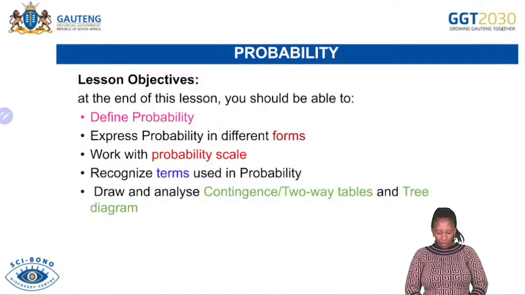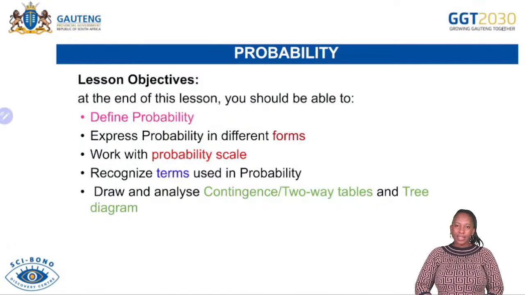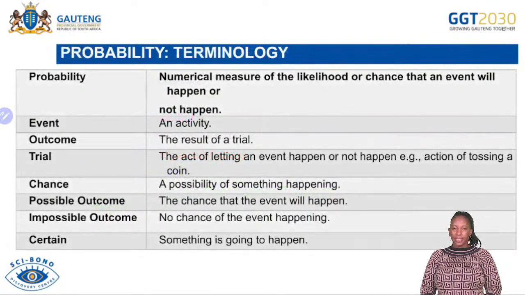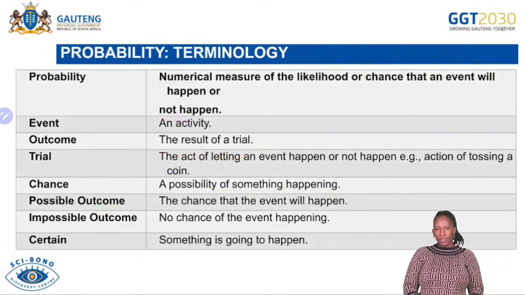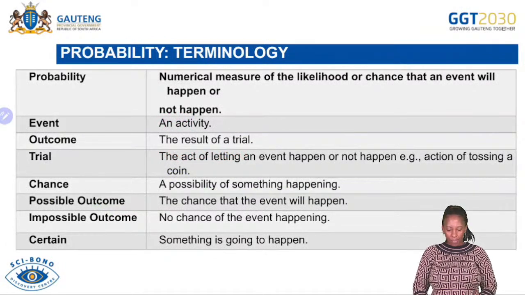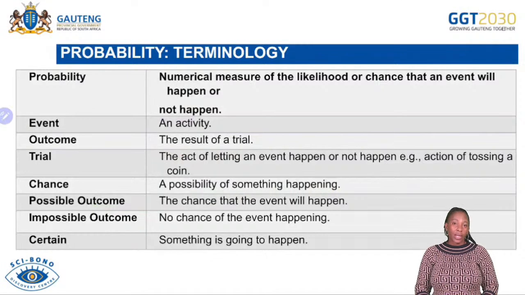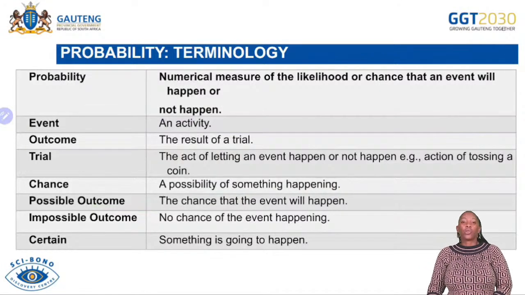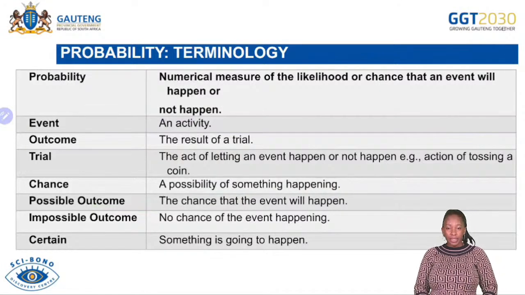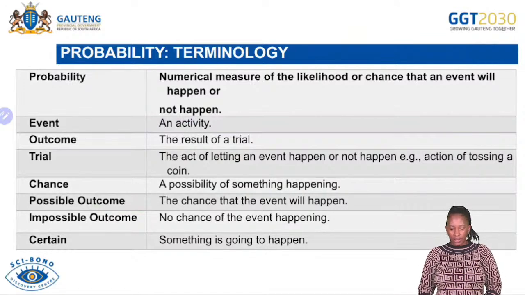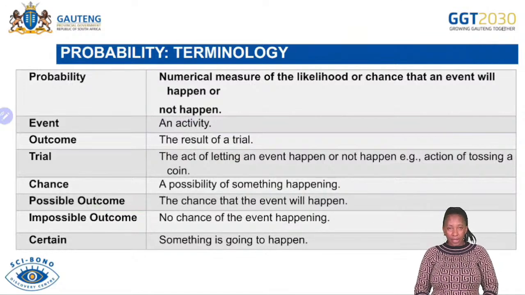So our first point of departure, where do we start? We said we should be able to define probability. Let's look at the terminology that you will find in probability, terminology that you need to know, because once you understand this terminology, it will be easier for you to interpret the probability question. Now, what is probability?